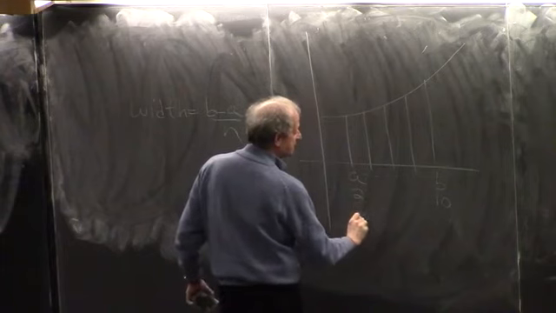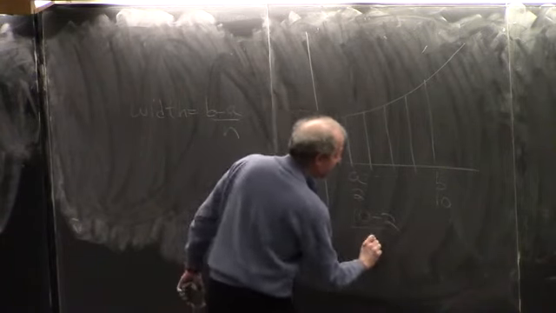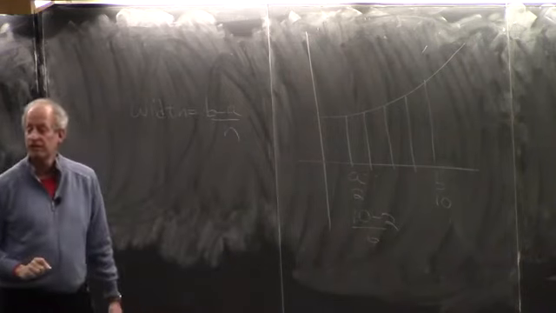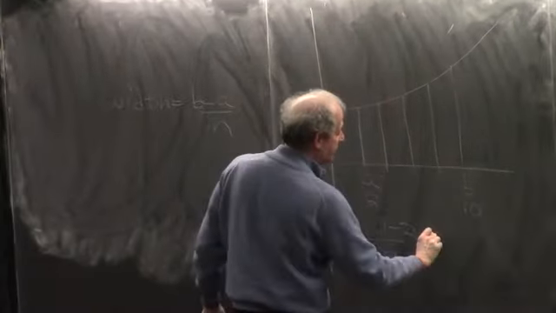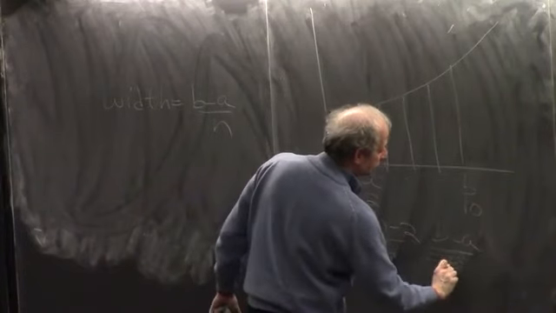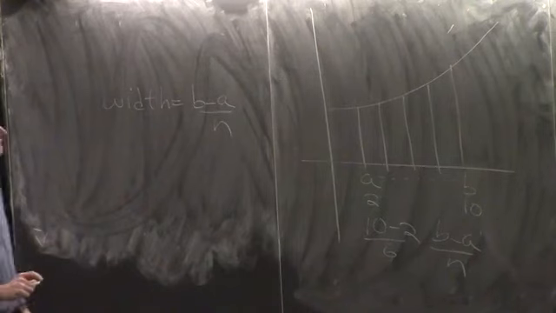Well, the distance from 10 to 2 is 10 minus 2, and I'd be dividing it by 6. So if there's n of them, the distance from a to b is b minus a, divided by n. That's how the width of each of these is b minus a over n. So far, so good?